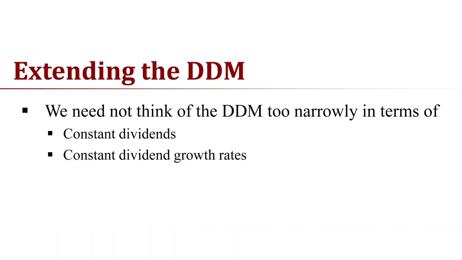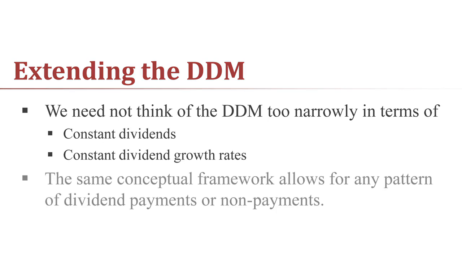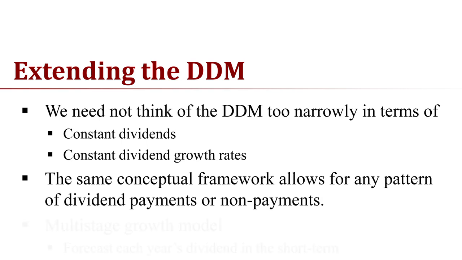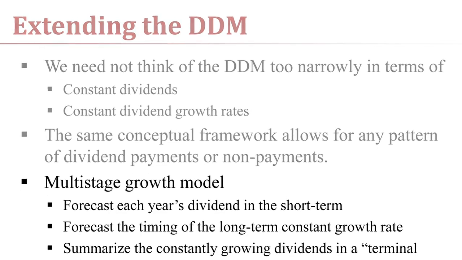Let's extend the dividend discount model so that we don't have to think too narrowly in terms of constant dividends or constantly growing dividends. We can apply the same conceptual framework to any pattern of dividend payments or non-payments even. This is what we call the multistage growth model.